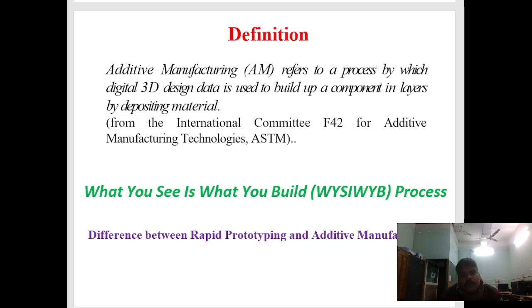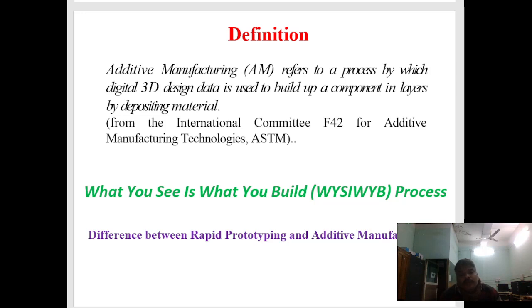Difference between rapid prototyping and additive manufacturing. Additive manufacturing is mainly used for rapid prototyping because in the initial conventional process, we have to do lots of trial runs on the model by reducing the dimensions, and then lots of time and funds are wasted during the testing of the product which we want to make.